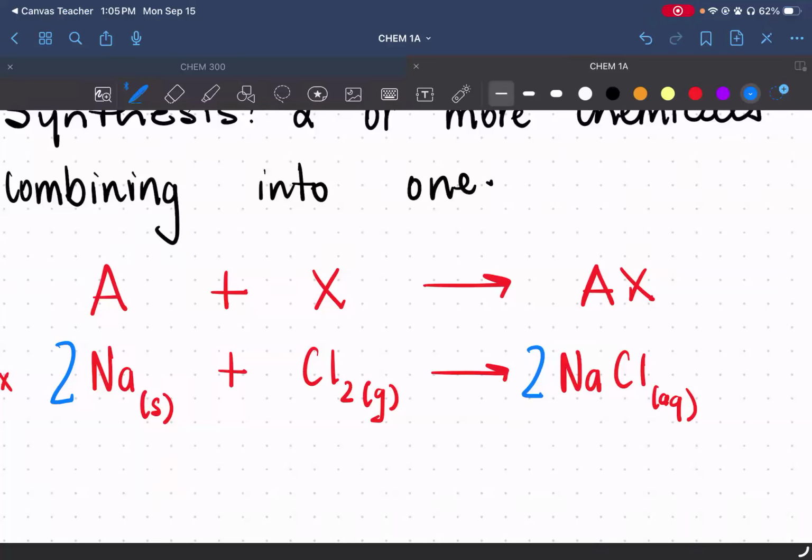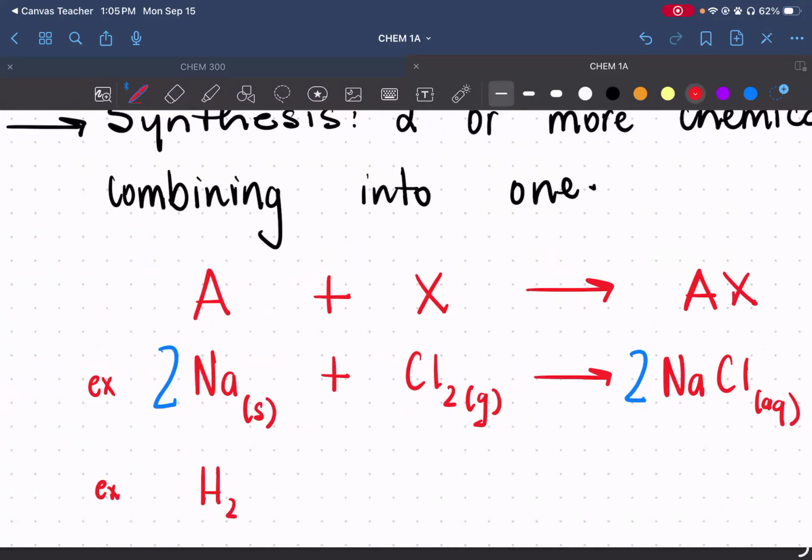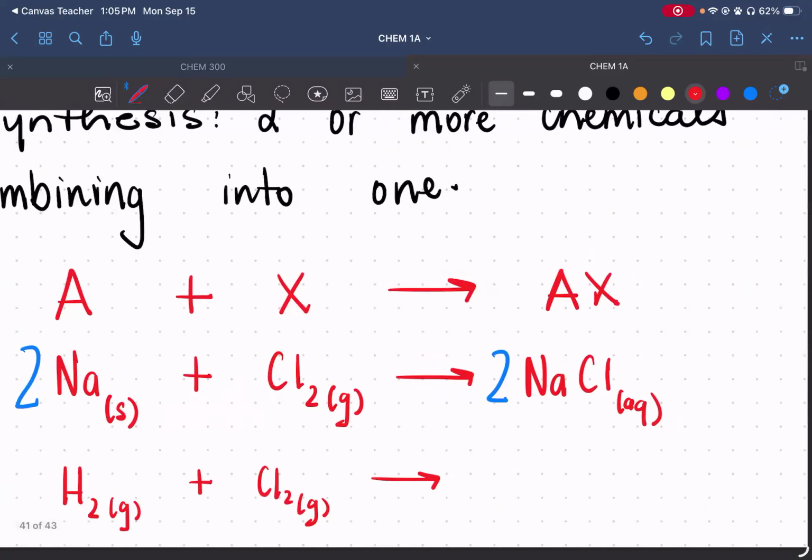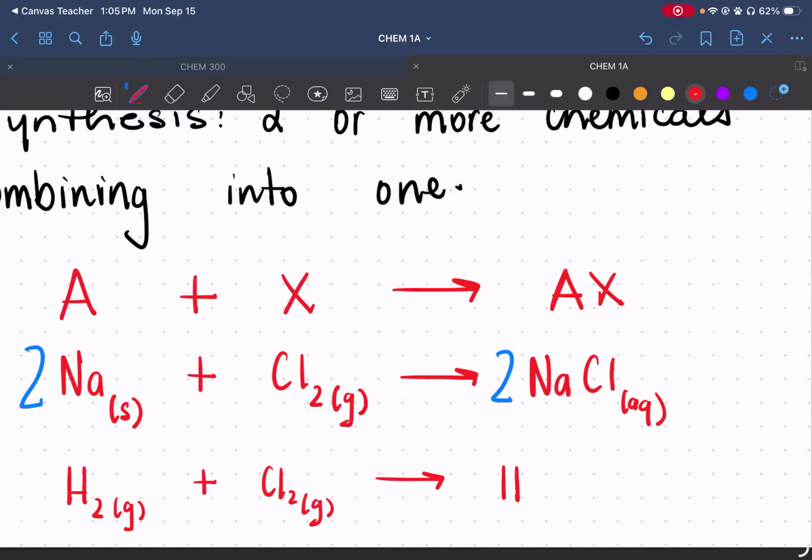Another example of this is a combination of H2 gas and Cl2 gas. Both diatomic elements, hydrogen and chlorine, so they're both gases. The result is HCl. HCl, according to solubility rules, is aqueous.